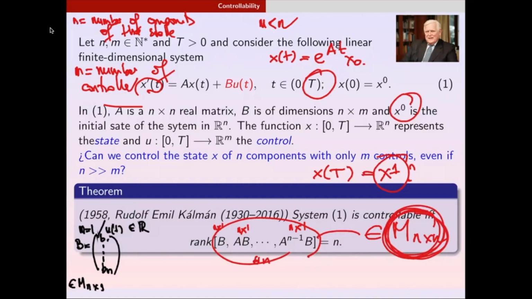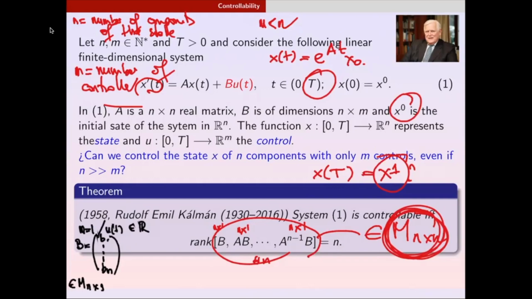And of course, when you open the MATLAB toolbox for control, this is one of the commands you will have. One of the commands will be the computation of the Kalman rank, because this is the one that will tell you whether a system is controllable or not. This is certainly much better than doing it yourself.